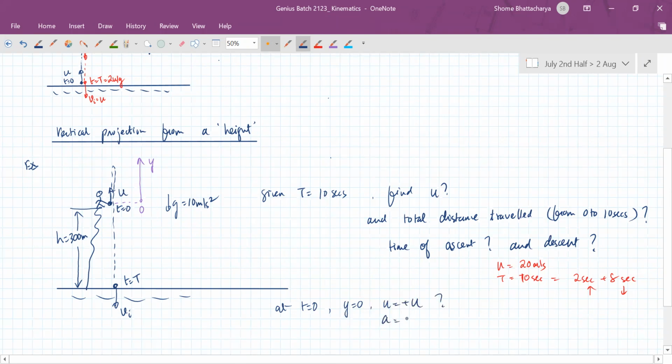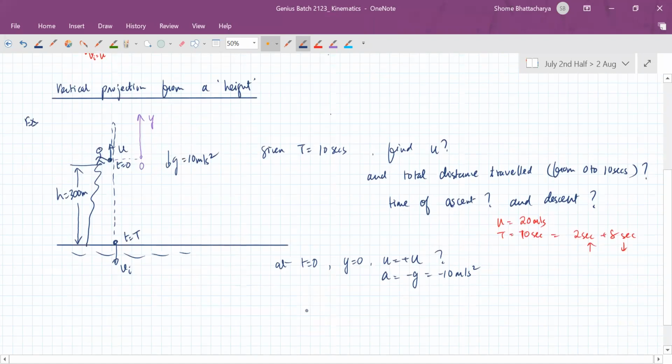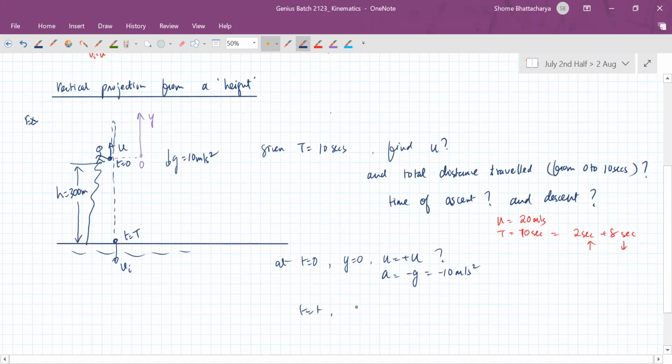But my acceleration from that point onwards is minus 10 meters per second square. So at any time t, my y is equal to y, so the displacement is equal to y, because displacement is final minus initial position. So I've taken the origin here, so my displacement should be equal to ut minus 5t square as usual.